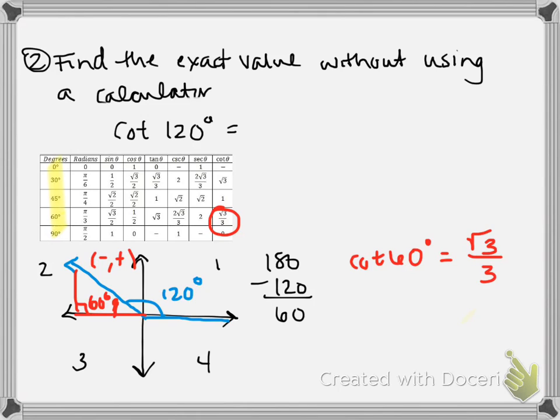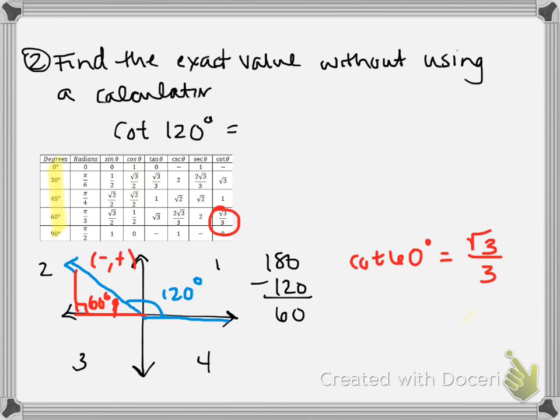Okay, here's the problem. Cotangent is going to be opposite over hypotenuse. Excuse me, hypotenuse over opposite. Okay, one more time. Cotangent is going to be adjacent over opposite. I'm confusing myself. Okay, so cotangent is going to be adjacent over opposite.